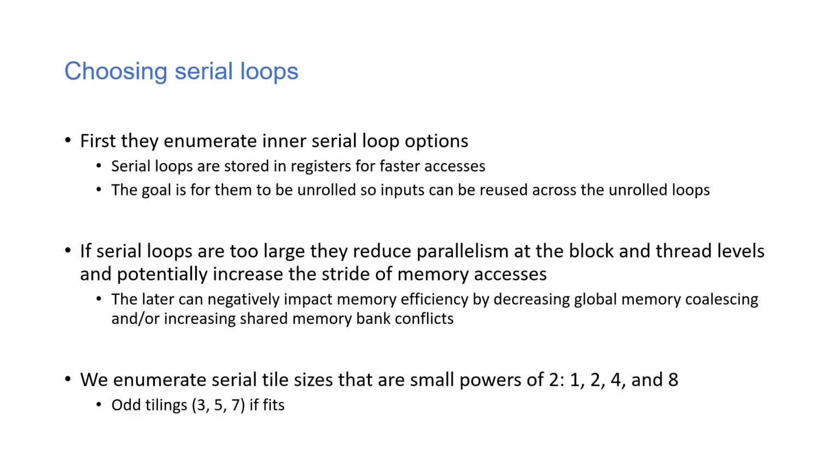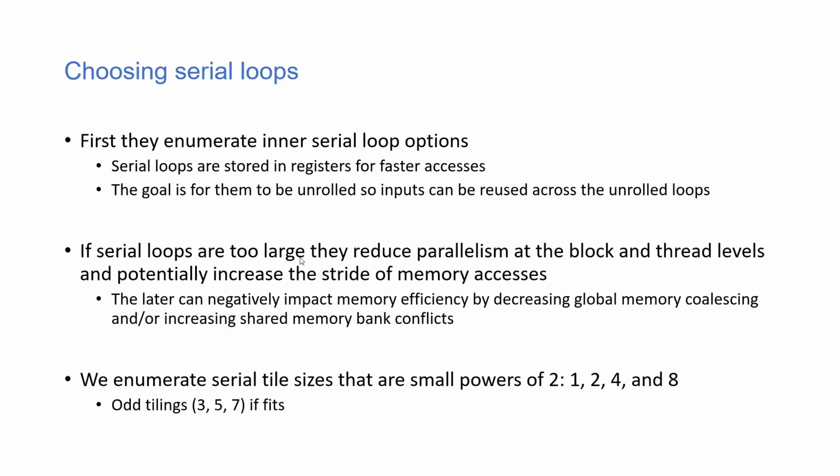Now we're going to talk about choosing serial loops, thread loops, and block loops, which are the three levels of allocation of computations in the GPU. For the serial loops, they are allocated in the registers, as seen before, and they can be unrolled so that you can use things like SIMD, I suppose.